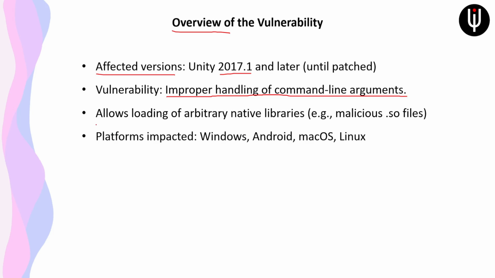Through command line arguments, they are allowing loading of arbitrary native libraries through a malicious SO file. SO stands for shared object files. And the platforms impacted are Windows, Android, Mac OS, and Linux.